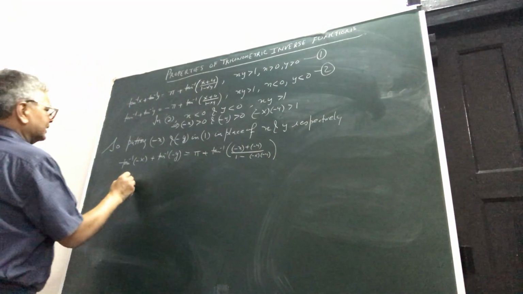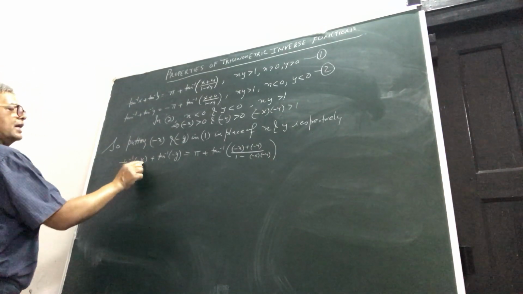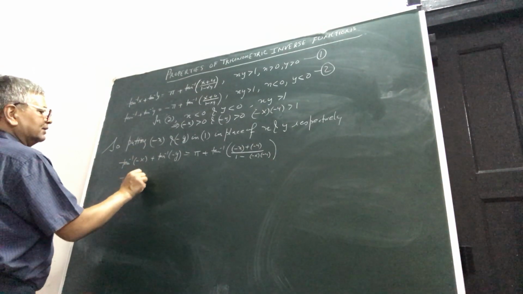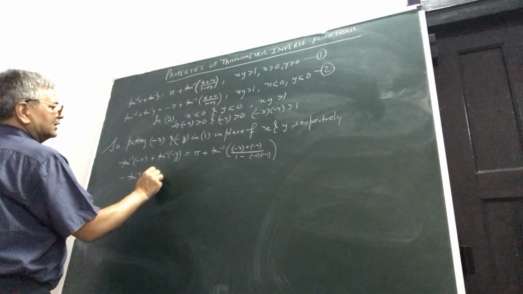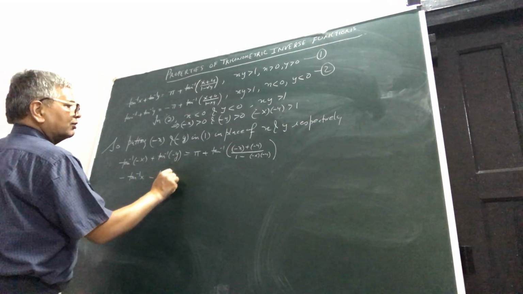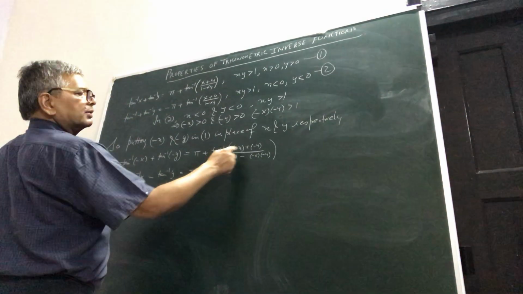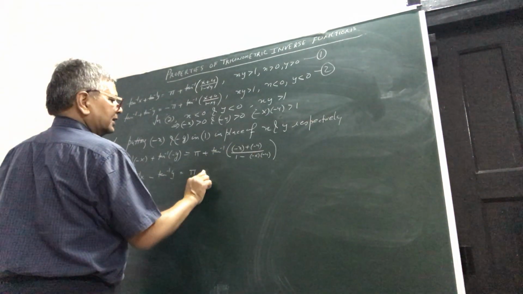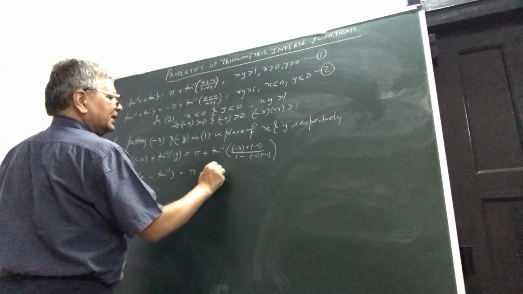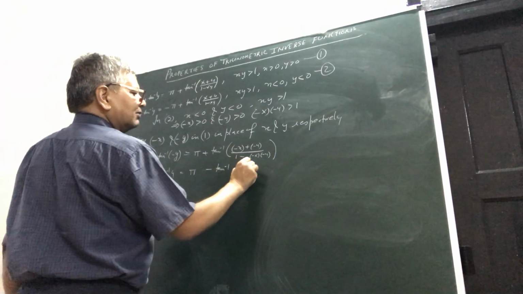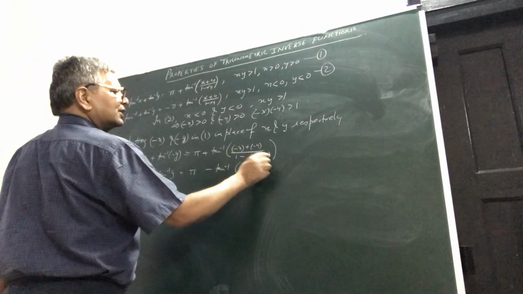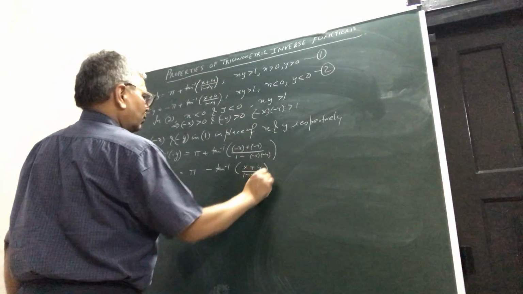Now we know tan inverse of minus x is minus tan inverse x. Likewise here, it is minus tan inverse y, equal to pi plus, let me take a minus sign common from the numerator, so minus tan inverse of (x plus y) upon (1 minus xy).